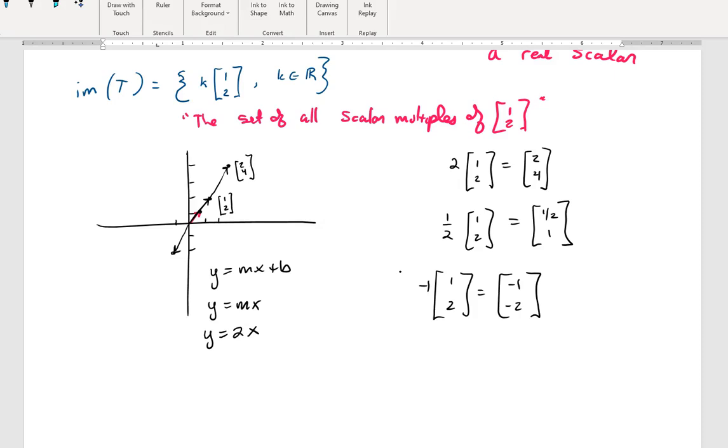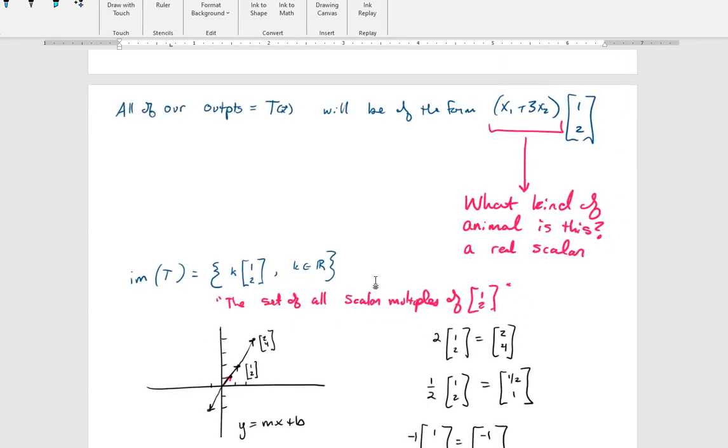The line y equals 2x is the image of this transformation. So which is it? Is it this or is it this? Either one. Different ways of saying the same thing. Either one says what all the outputs look like.